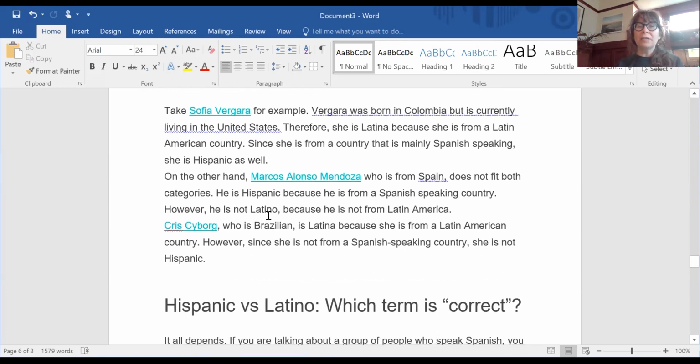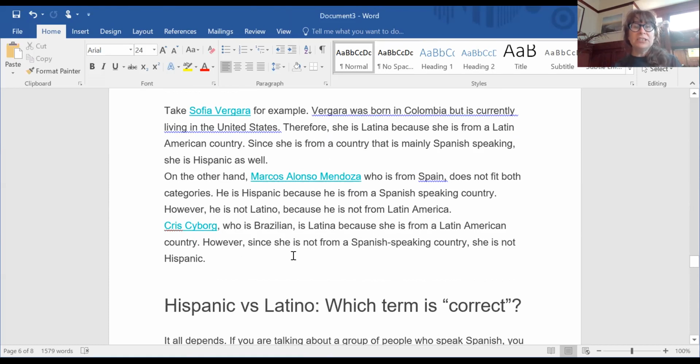On the other hand, Marcos Alonso Mendoza, who is from Spain, does not fit both categories. He is Hispanic because he's from a Spanish-speaking country. However, he is not Latino because he is not from Latin America. Chris Cyborg, who's Brazilian, is Latina because she is from a Latin American country.